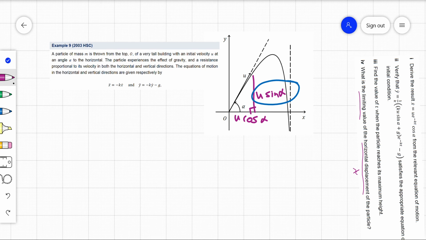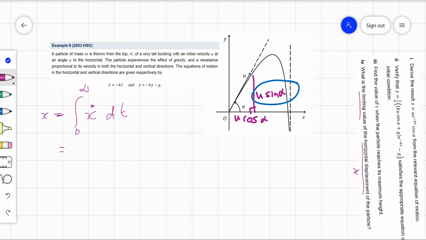Well, if we integrate x dot, we get to x, right? So let's integrate x dot with respect to time, and for time, we're going from 0 to infinity if we want the limiting value.